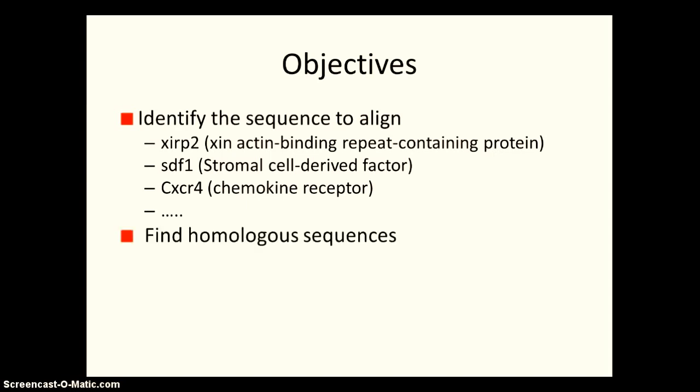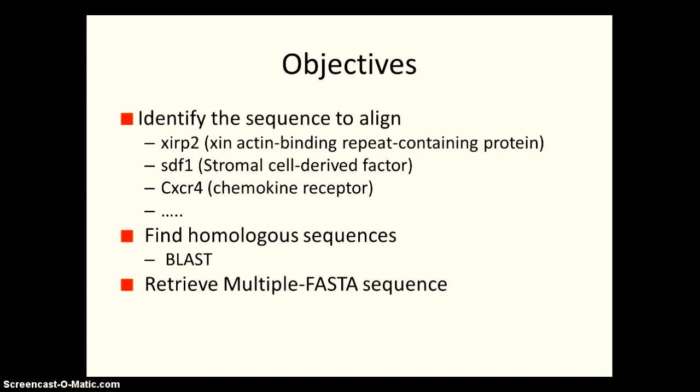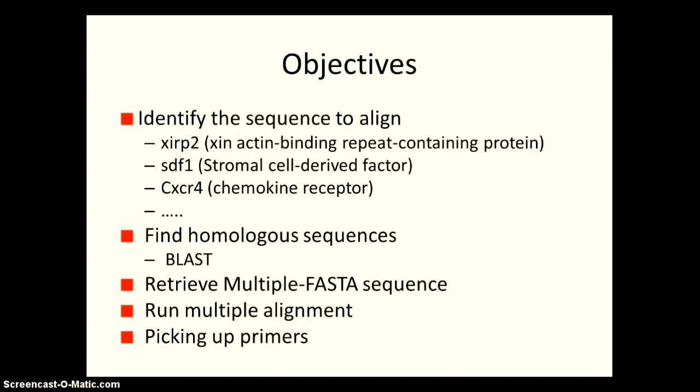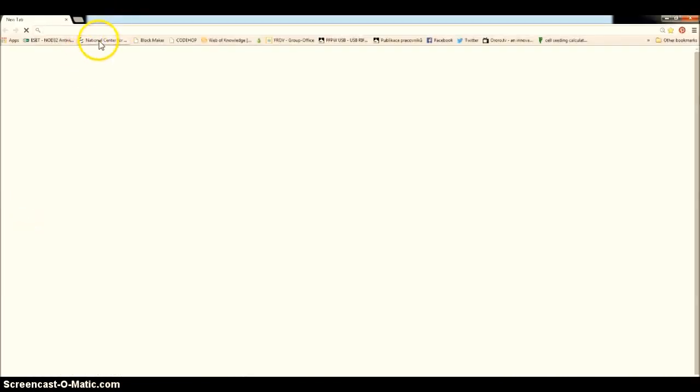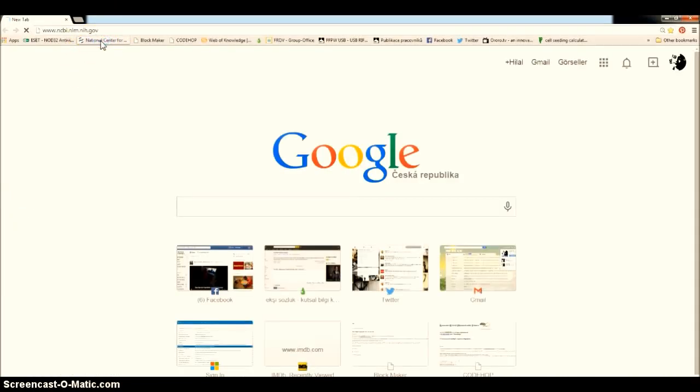Then we're going to find homologous sequences from BLAST, take these sequences and run a multiple alignment, and we can later pick the primers. I'm going to show you exactly how I do it. So here goes.